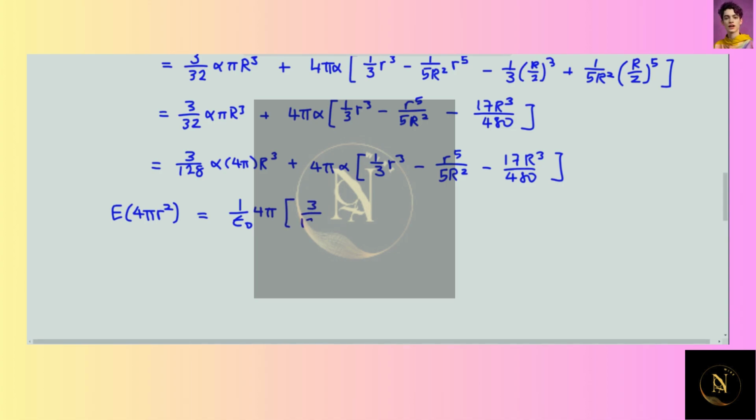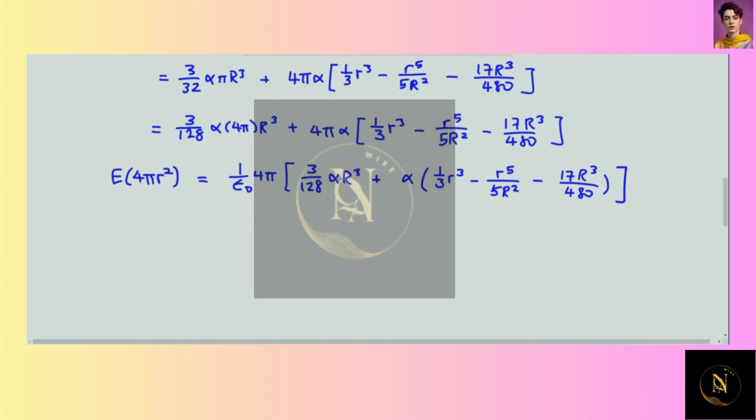Then I have 3 over 128 alpha r cubed plus alpha times 1/3 r cubed minus... Okay, so the next thing I can cancel the 4 pi, and then I'm going to put E in this way: 1 over epsilon naught r square.